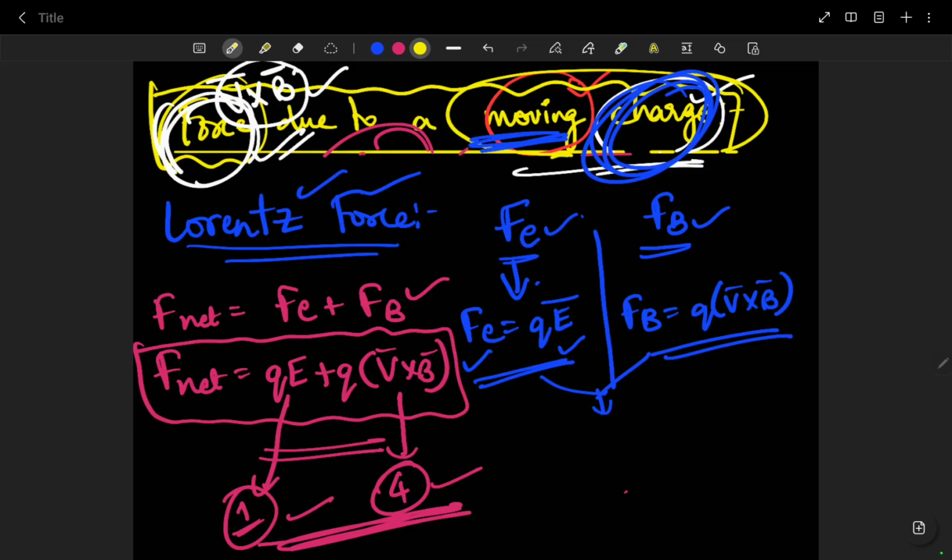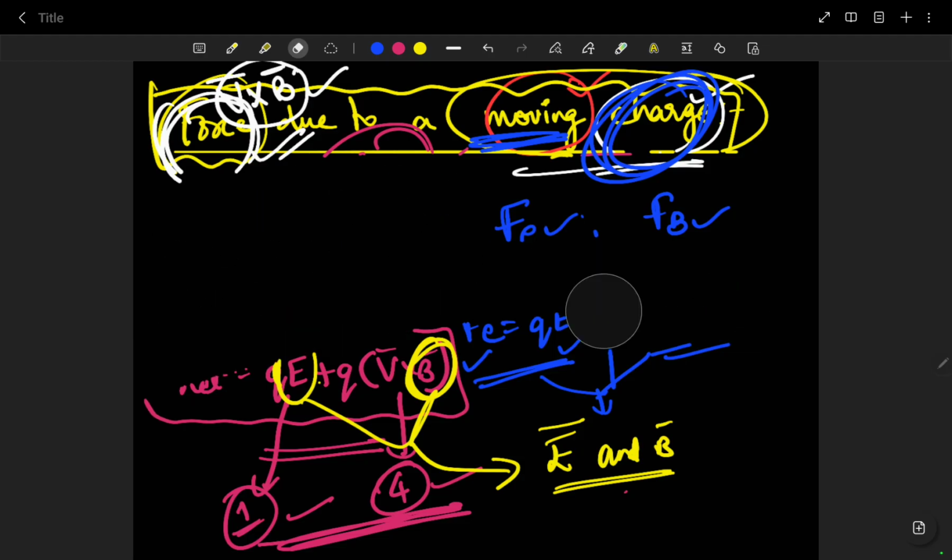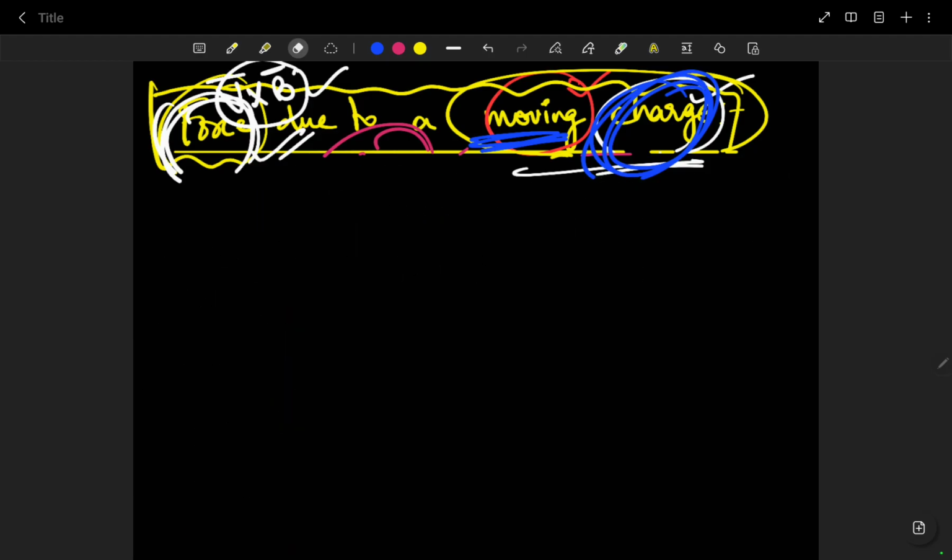So from this discussion of Lorentz force, you must be wondering that there are two fields involved, right? Electric field and magnetic field. As you can see, electric field and magnetic field. So when these two fields are involved, we should know how we can actually imagine them, right? So let's try to do that. Yeah.